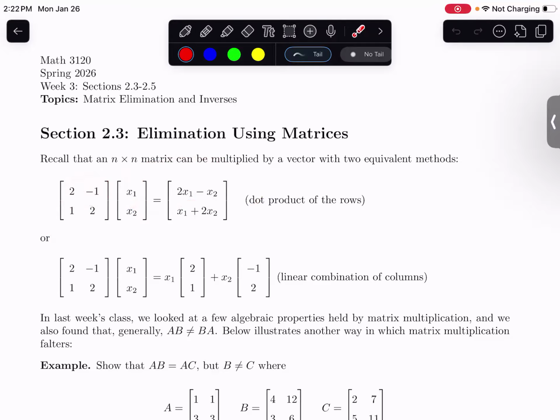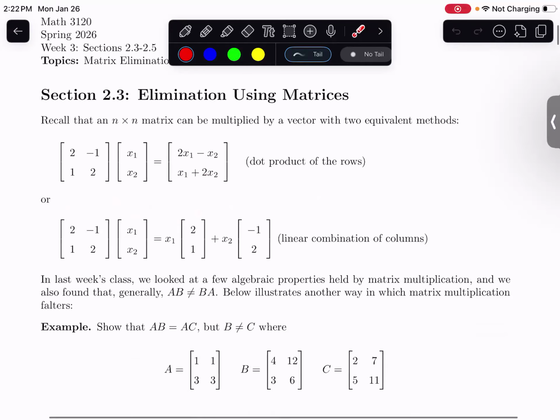So that's like the new first row of your new matrix. And similarly, the second entry is the following dot product, which is x1 plus 2x2. So that's one way. You can think about it in terms of dot products. You can also think about it in terms of linear combinations where the weights are given by the entries of the column vector. So this matrix multiplication can also be written as x1 times this column plus x2 times this column.